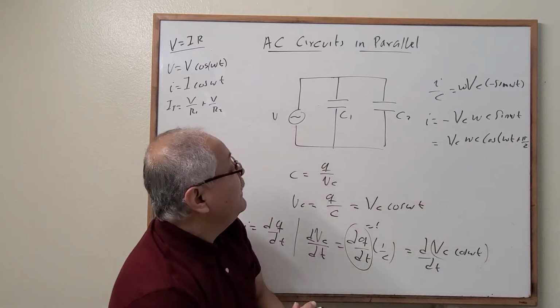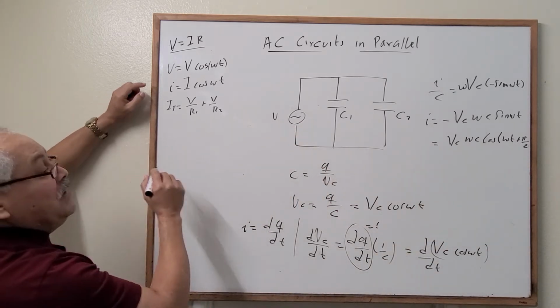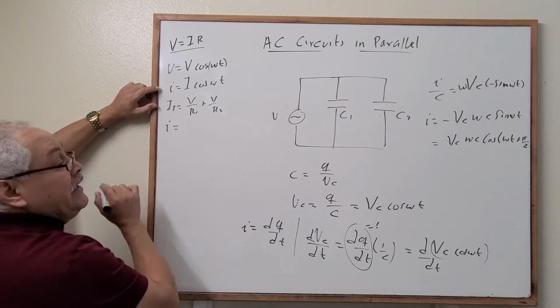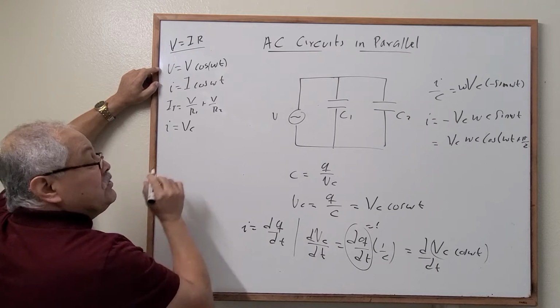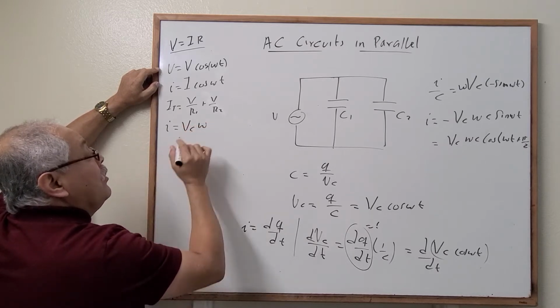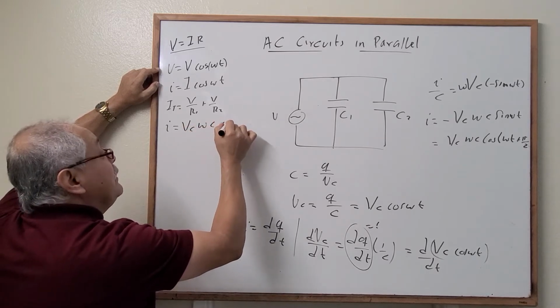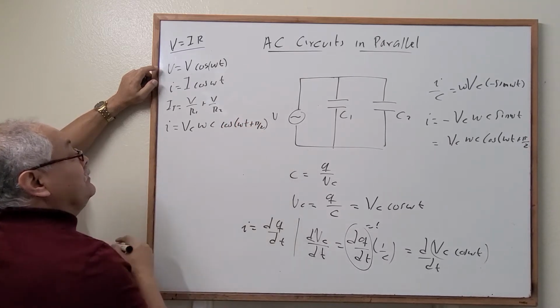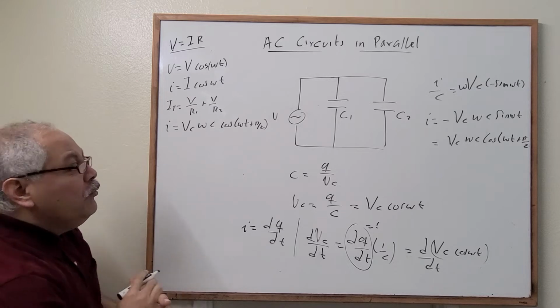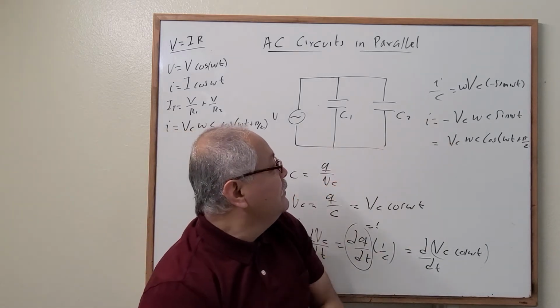Right? Perfect. So we found that for a capacitor, the instantaneous current is equal to the voltage of the capacitor times omega times capacitance times cosine of omega t plus pi divided by 2. Correct? Or we can use a negative sign, that's right here.